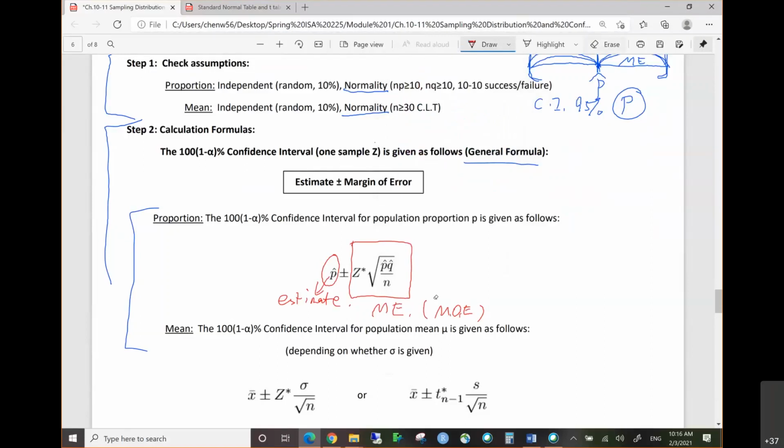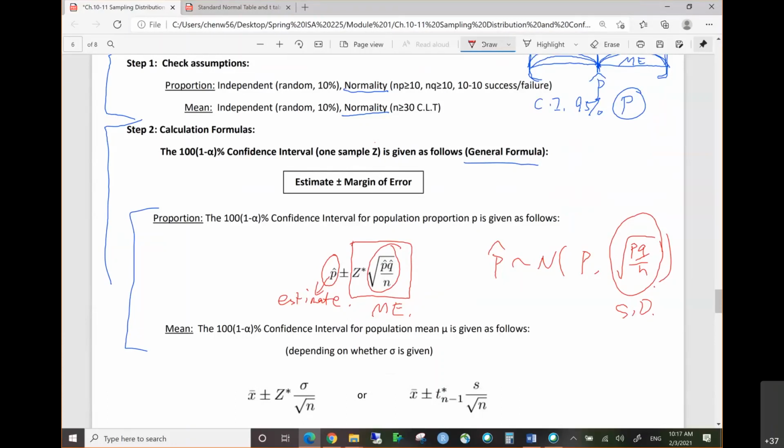All right, so now we have the margin of error, and in the margin of error, do you feel familiar with this part? What is this? Still remember we have p hat follows a normal distribution with mean p and standard deviation square root of pq over n, right? We call this the standard deviation of the sampling distribution of proportion.